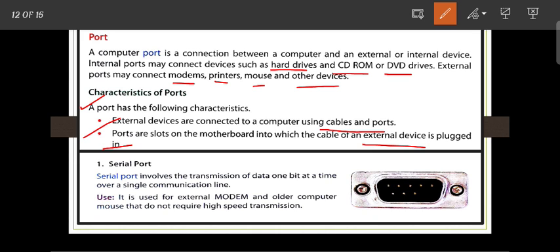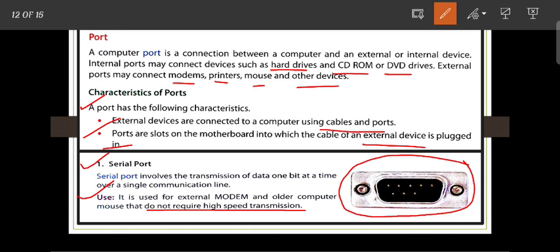First port is the serial port. This is the image of a serial port. A serial port involves the transmission of data one bit at a time over a single communication line. It is used for external modems and older computer mice that do not require high speed transmission.